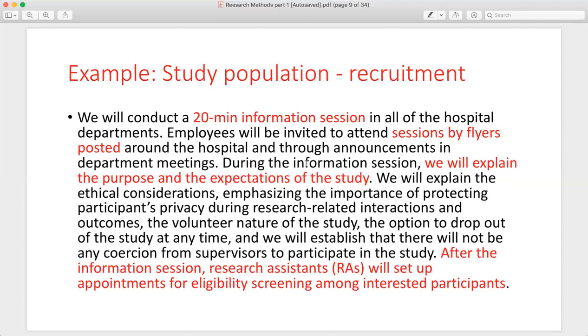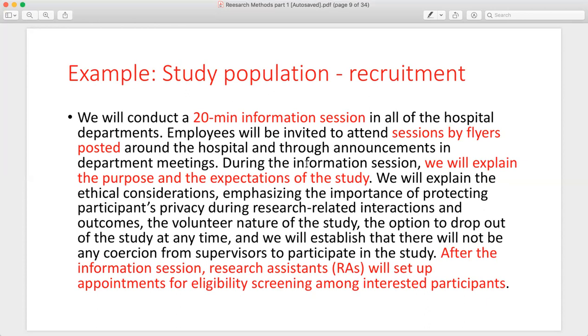So here, for example, we said that we will conduct a 20-minute session in all of the hospital departments. Employees will be invited to attend session by flyers posted around the hospital and through announcements in department meetings.